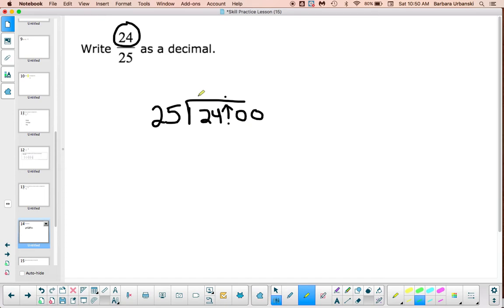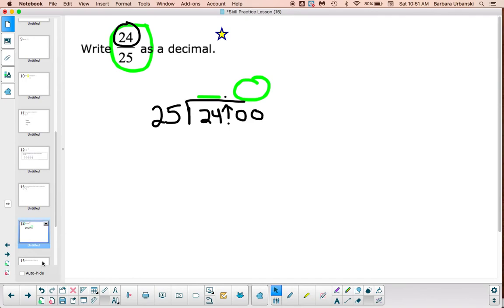Notice, we don't have a place value in the 10s or the 1s, and that's because 24/25 is less than 1, isn't it? So this number better be less than 1. So go ahead and try to do that division and see what decimal equivalent you come up with. If you don't know how to do it and you're getting a little frustrated, put a little star. We'll get back to it.